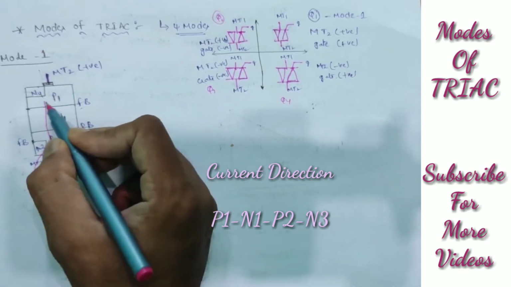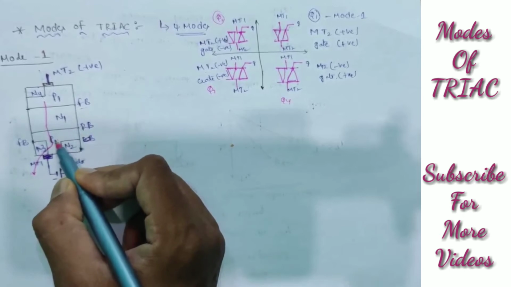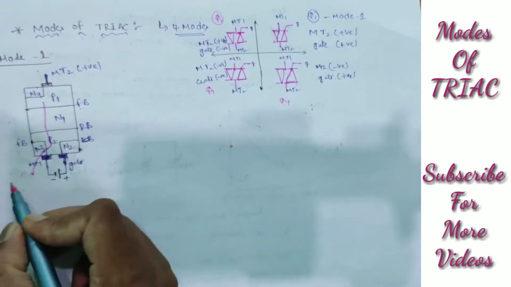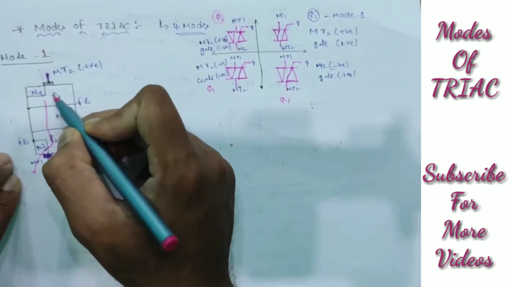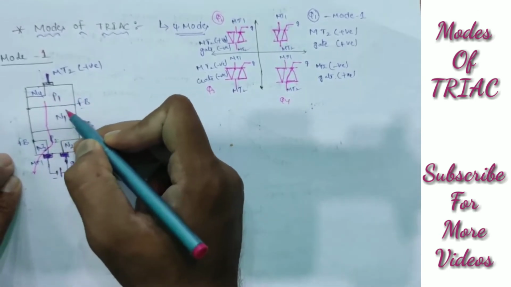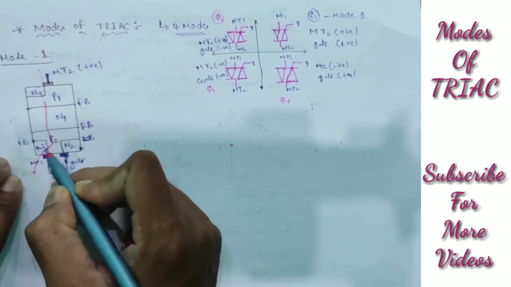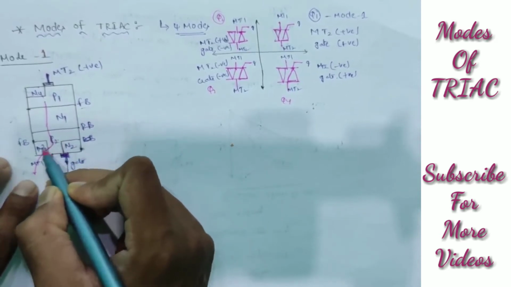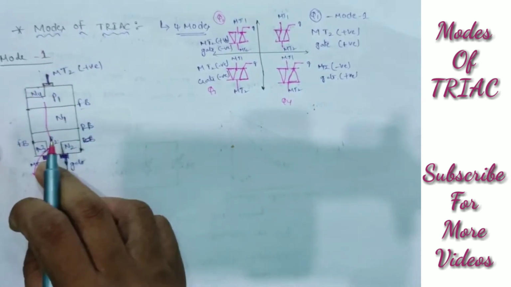This is the current direction: P1, N1, P2 and N3. The direction is from the P1 layer to the N1 layer, then N1 to P2, and finally P2 to N3, because P2 N3 are in forward bias. So that's why the current direction is like this.